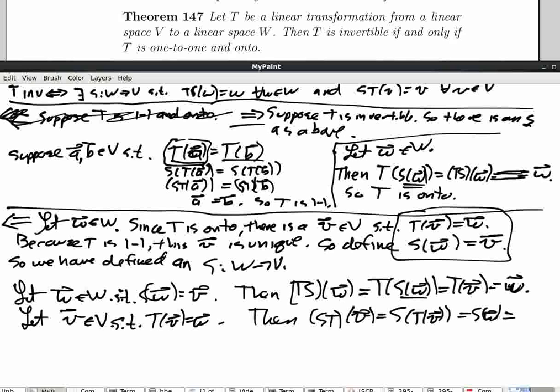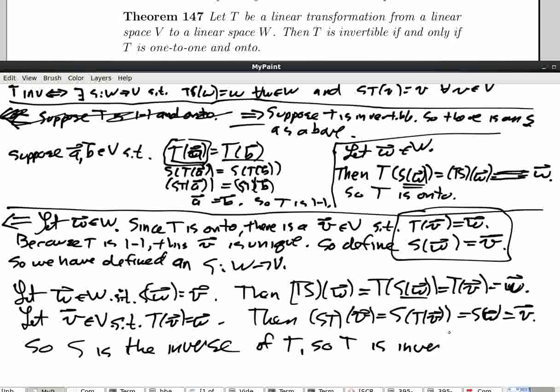But how do I find S of w? S of w is equal to v, where v is exactly this relationship, so this has to have been v. So S is the inverse of T. So T is invertible.